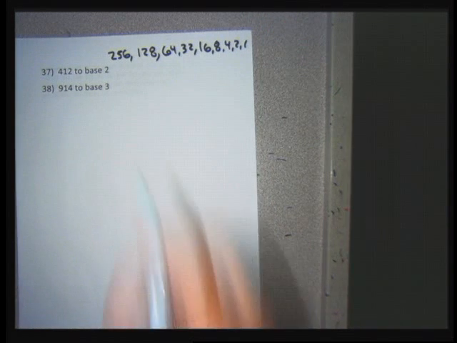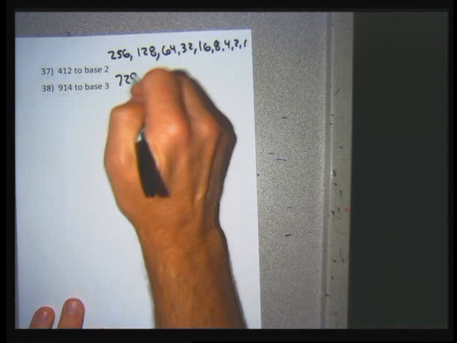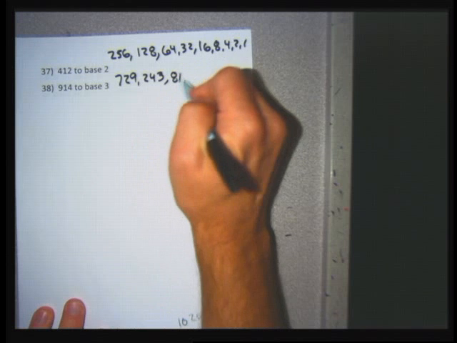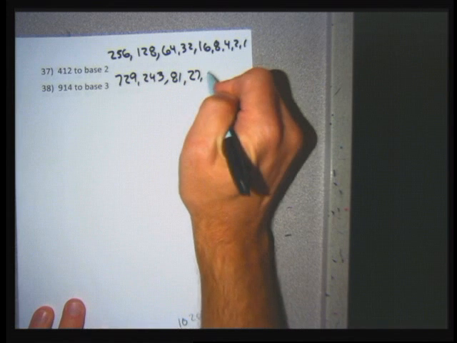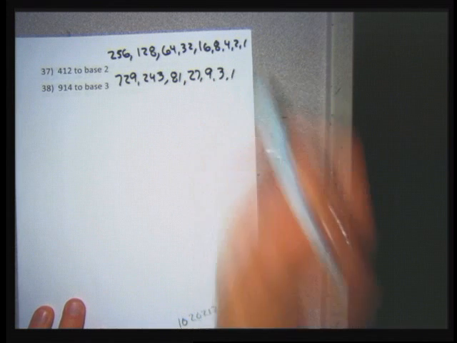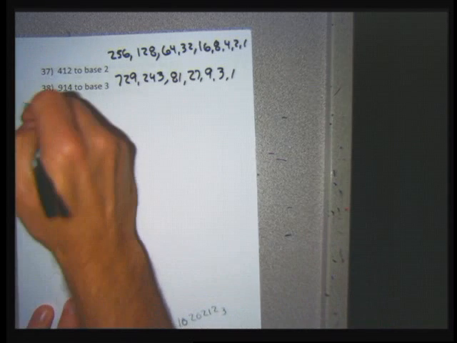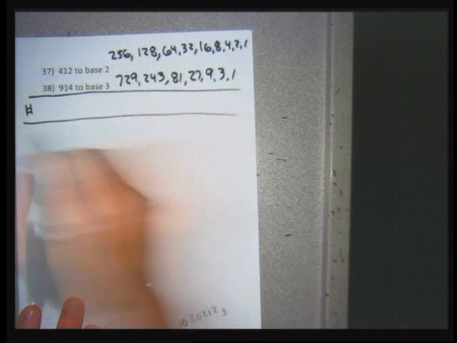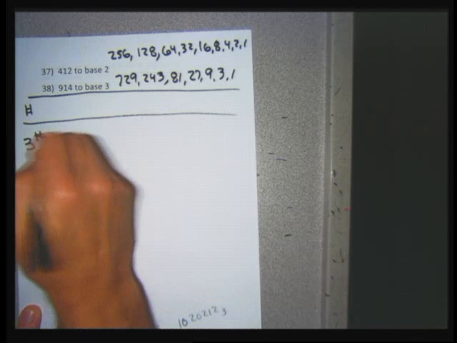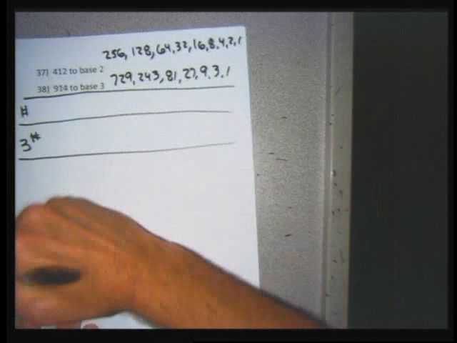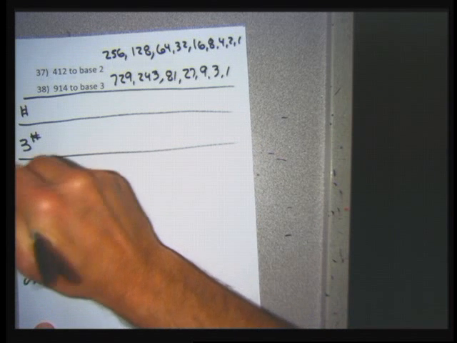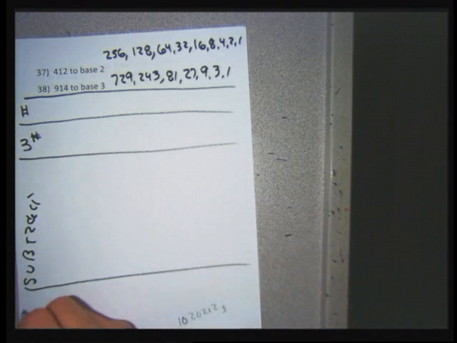For me, I'm going to need 729, 243, 81, 27, 9, 3, and 1. So do my original number. Power of 3. See, I'm starting to get lazy, and it's fine. You don't have to have these things worded out so nicely. And then subtract, and then my answer.